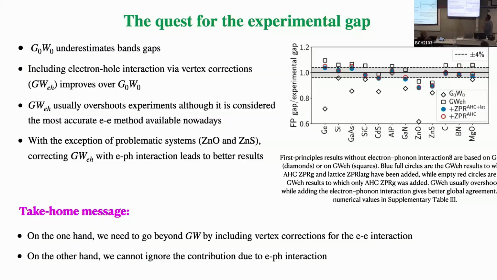No correction, if they cancel perfectly. Okay. In the acoustic limit, they cancel. But then they are opposite. And so in one case, it could be that the Debye-Waller is larger than the Fan-Migdal. There can also be a case that it's the other way around.